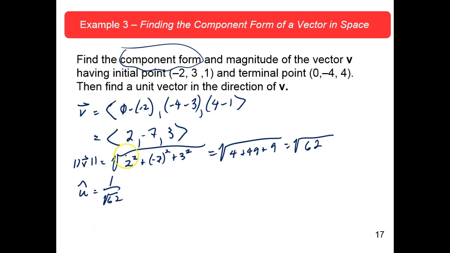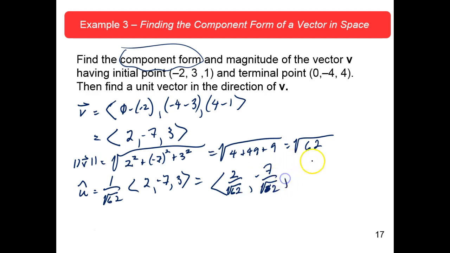You could either do that times the vector 2, negative 7, 3, or, like you were saying, put it as a vector 2 over root 62, comma, negative 7 over root 62, comma, 3 over root 62. There is the unit vector in that direction.